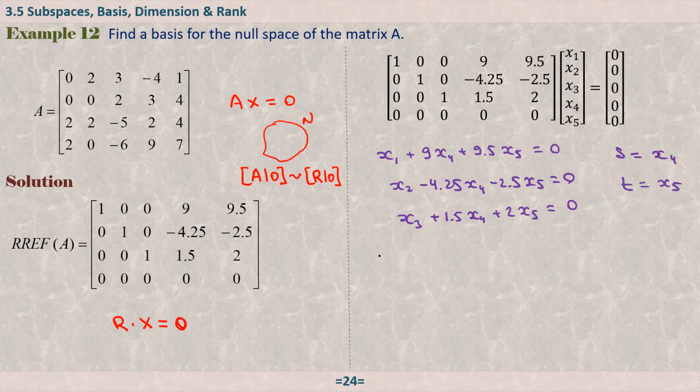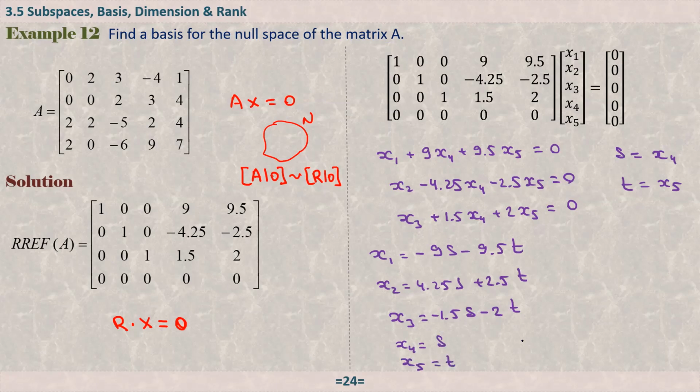Now what do we have? x1 will be equal to minus 9S minus 9.5T, and x2 will be 4.25 S plus 2.5 T. x3 will be minus 1.5 S minus 2 times T. And x4 is equal to S, x5 is equal to T.